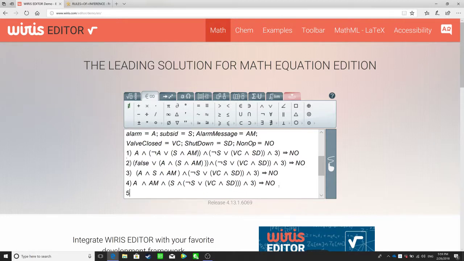It becomes S and negation S, negation S, or S and, right?